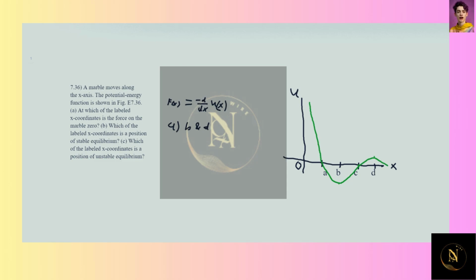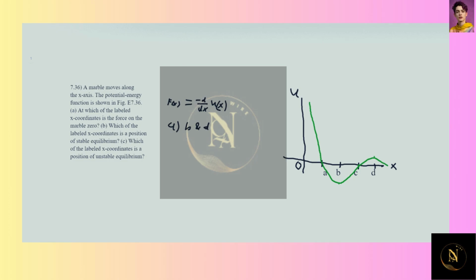Which of the labeled x-coordinates is a position of stable equilibrium? Equilibrium again means the potential energy is horizontal. However, stable is different from unstable in that the force pushes it towards that point on either side of that point in x.